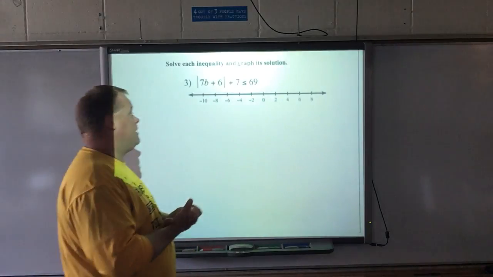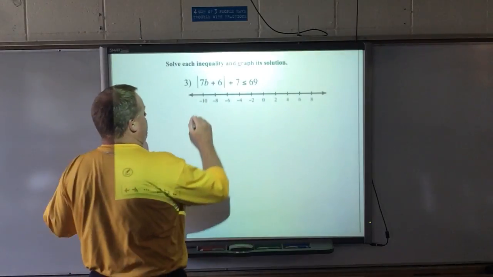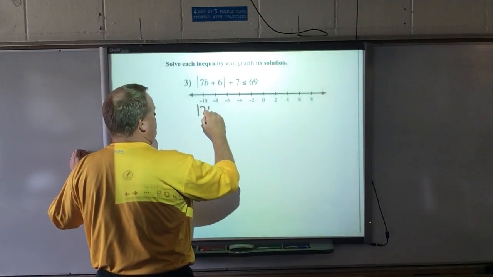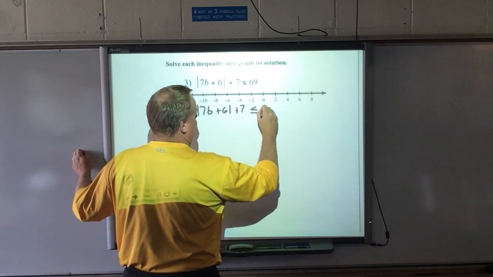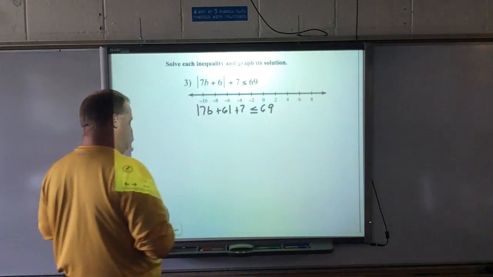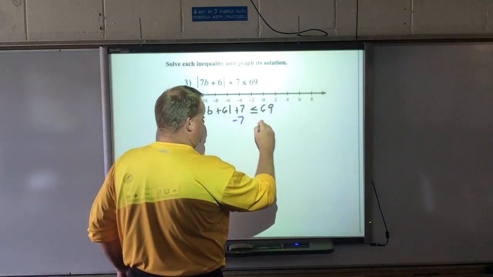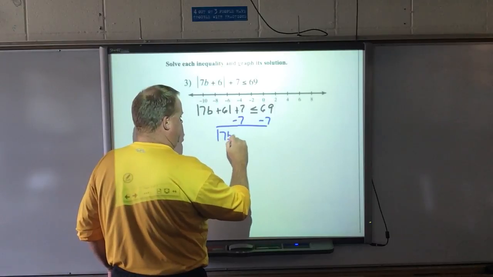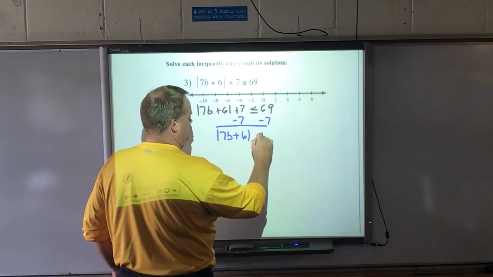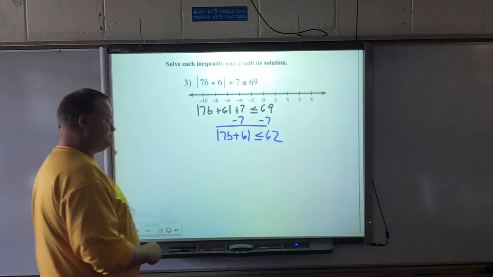I have the absolute value of 7b plus 6 plus 7 less than or equal to 69. Now if I subtract 7, which is my first step, then I'm going to have the absolute value of 7b plus 6 less than or equal to 62.